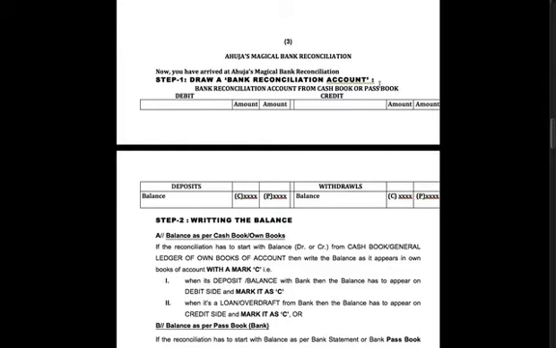But one thing you have to understand: when the balance given is from the cash book, you have to write it here just as an accountant writes. If it is a favorable balance from the cash book, that means it will be a debit balance, and you have to mention it so. If it is given that there is a loan from the bank, that means it is a liability, so you'll be showing it on the credit side if you are starting from the cash book.